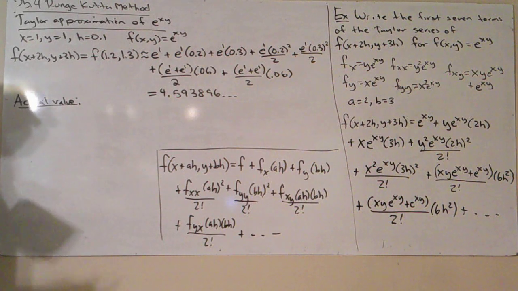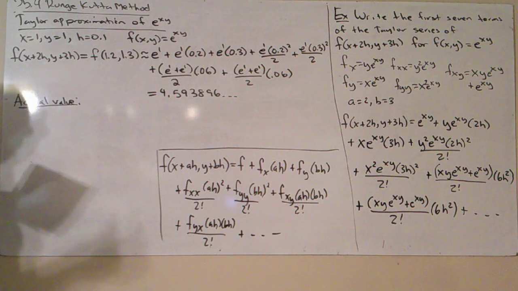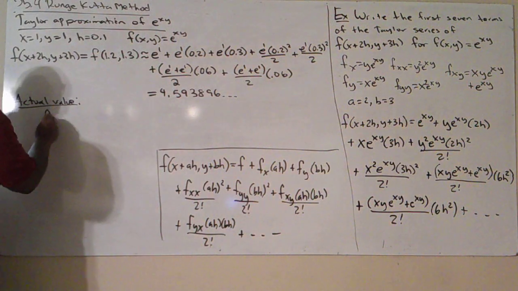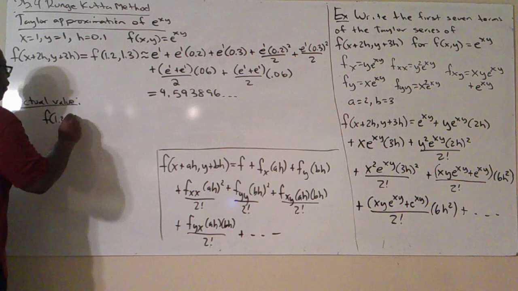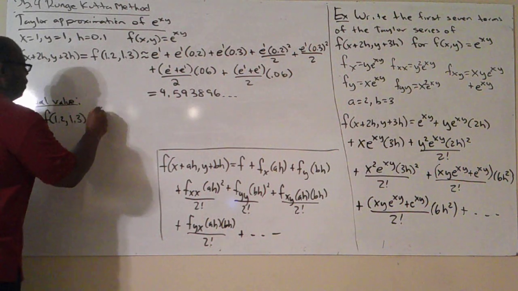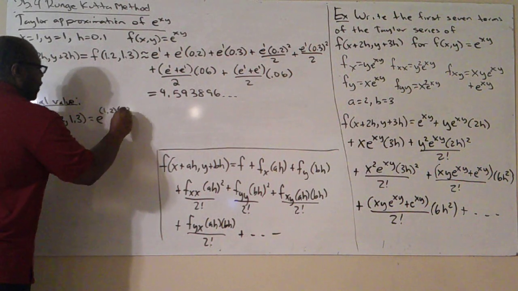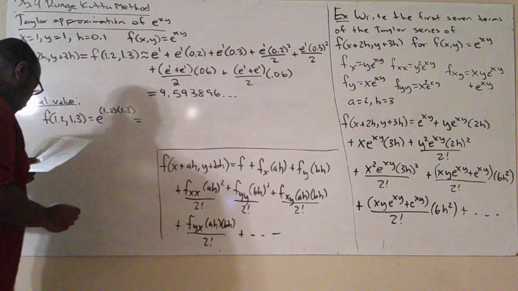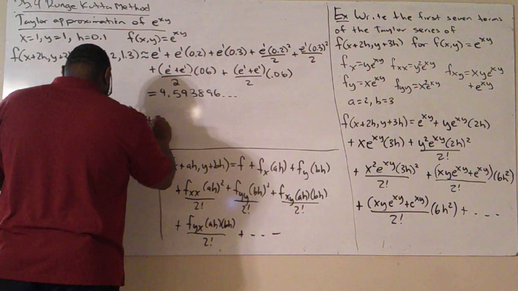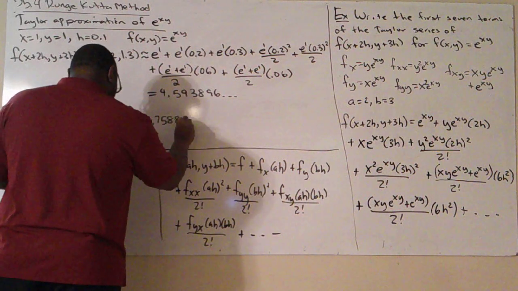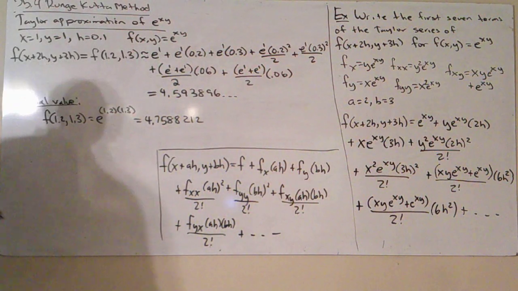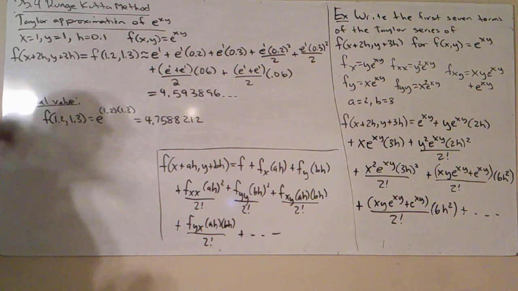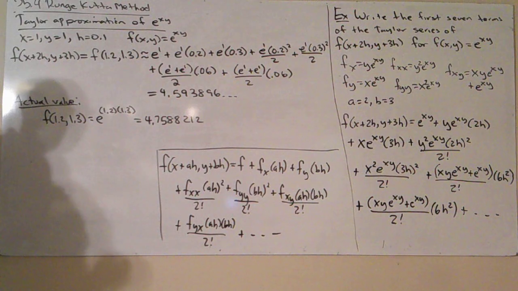Double check your work over and over again. I should have double checked this again. My actual, when I did this, f of 1.2 comma 1.3, which is e to the 1.2 times 1.3, I got that to be equal to 4.7588212. So I'll double check both of those guys and see if I get the same thing. I definitely want to double check this one again to make sure that everything's okay.